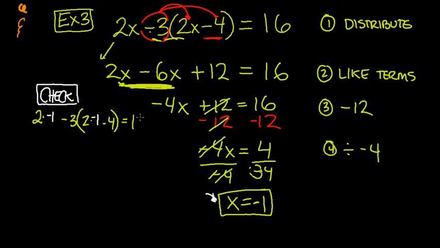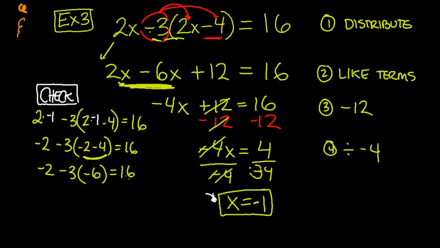And all this should be equal to 16. That's right. 2 times negative 1 is negative 2. Let's do the inside of the parentheses so I don't confuse this. 2 times negative 1 is negative 2 minus 4. I'm going to keep on the inside of this parentheses. Negative 2 and negative 4 makes negative 6.